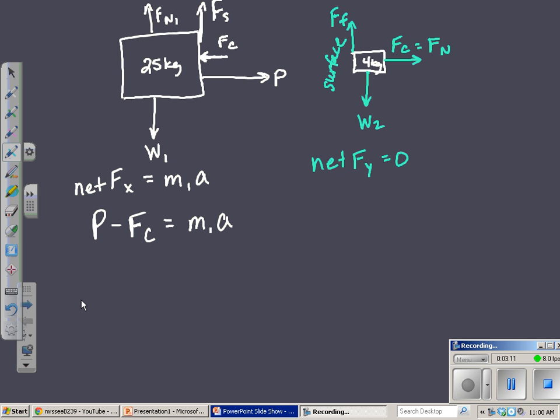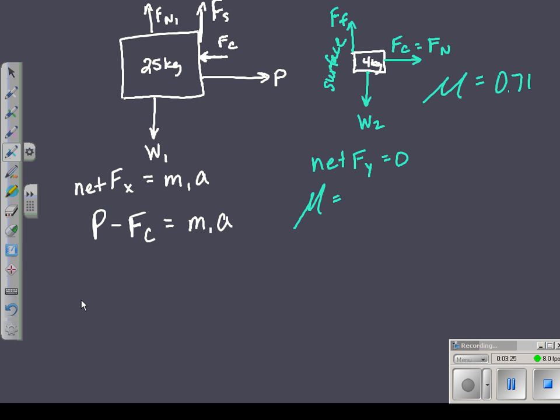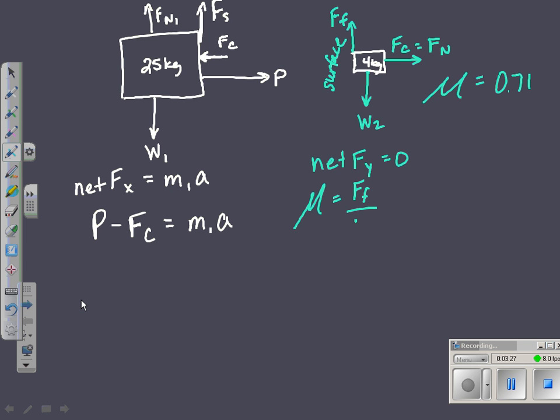But then we're going to be able to talk about mu because we know that mu is 0.71. We can say mu is our frictional force, excuse me, divided by our normal force. That's our formula.